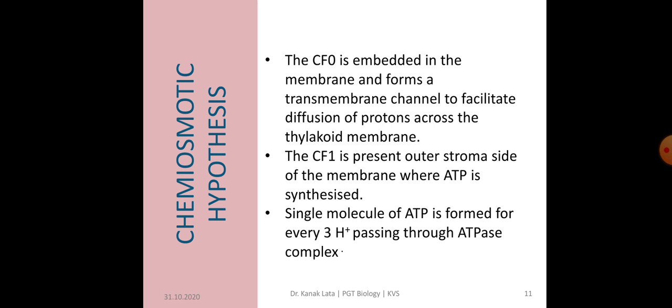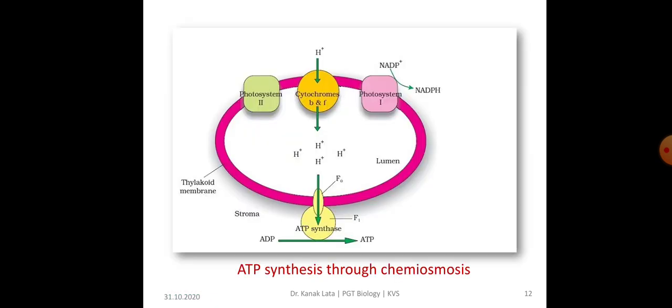The coupling factor 1 is present on the outer stroma side of the membrane where ATP is synthesized. So it is now well established that one molecule of ATP is formed for every 3 hydrogen ions passing through the ATPase complex. The given figure clearly shows ATP synthesis through chemiosmosis. You may also observe here the location of coupling factor 0 and coupling factor 1.